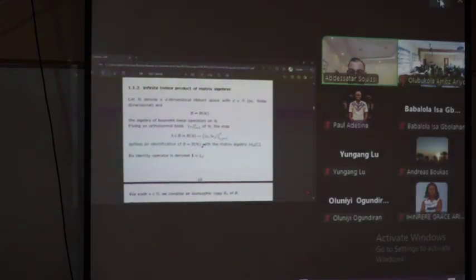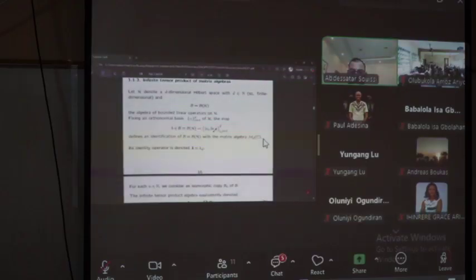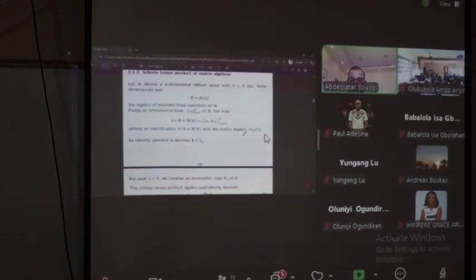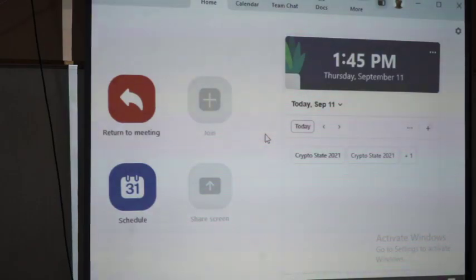Through this map we have an identification of B(H) and M_d(C), the algebra of d times d matrices over the complex numbers.